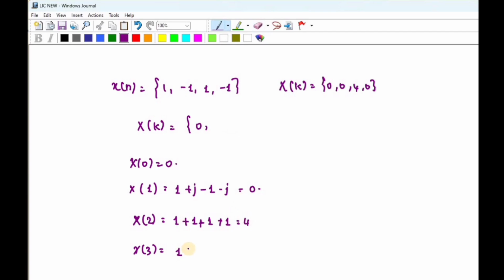If you leave the two values, you will get minus j, minus 1, minus of minus j is plus j. So you get the answer as 0. Okay, so this is how you have to verify the answer. So the answer is 0, 0, 4, 0.